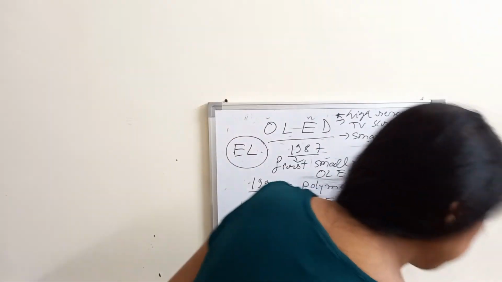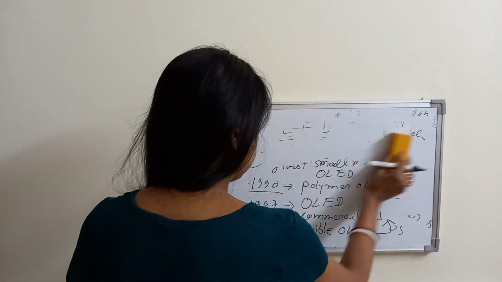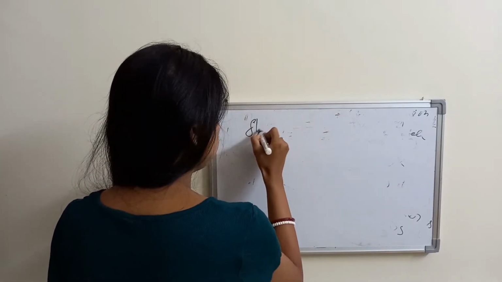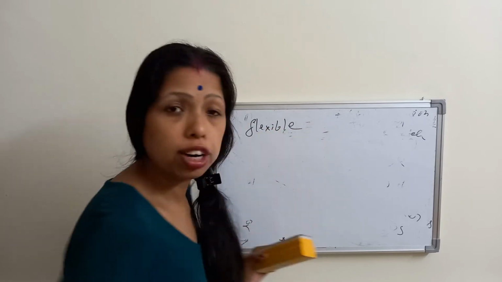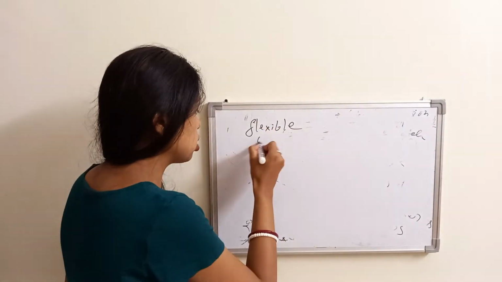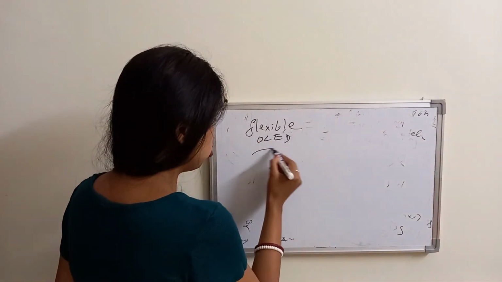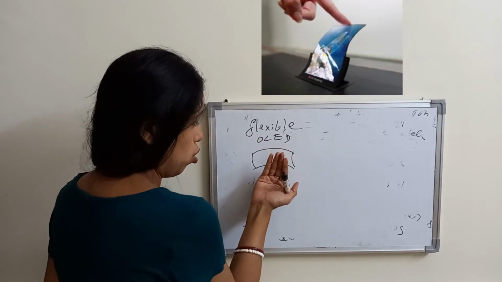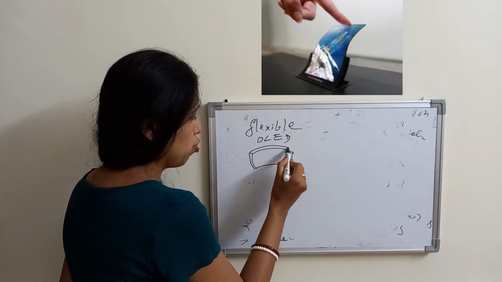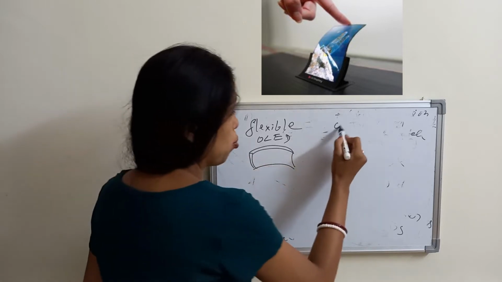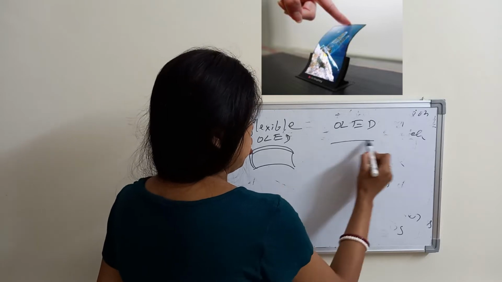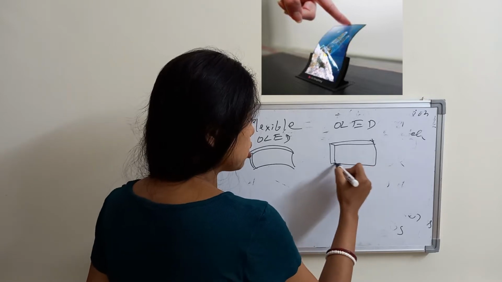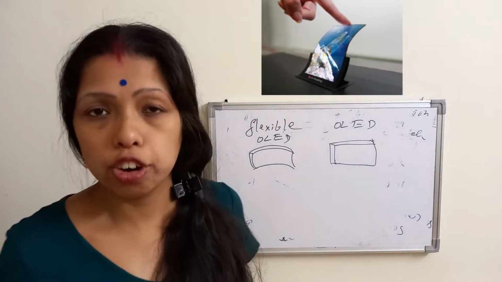If you see a flexible OLED, it will look like that. One of the main applications of the OLED is the display system like TV. A flexible OLED TV is like bending, you can see a bending kind of display. A normal OLED is a normal display system, but it has advantages over the inorganic LED.